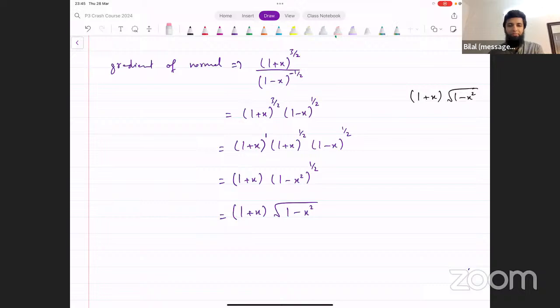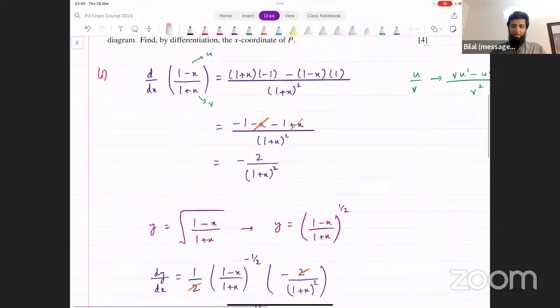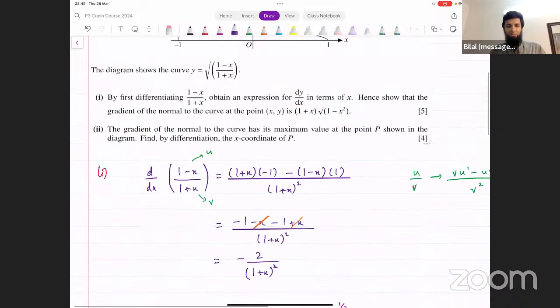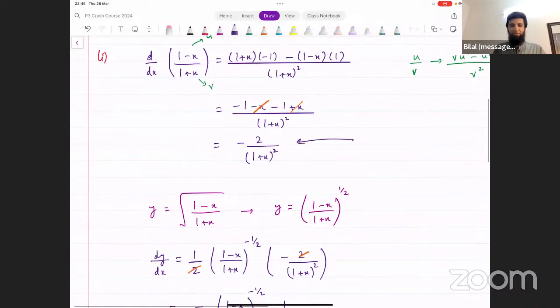Okay. Now that was quite tricky. And that is what P3 turns out to be sometimes. But it should not scare you still, because it's a 5-mark question. You've already found the derivative here.